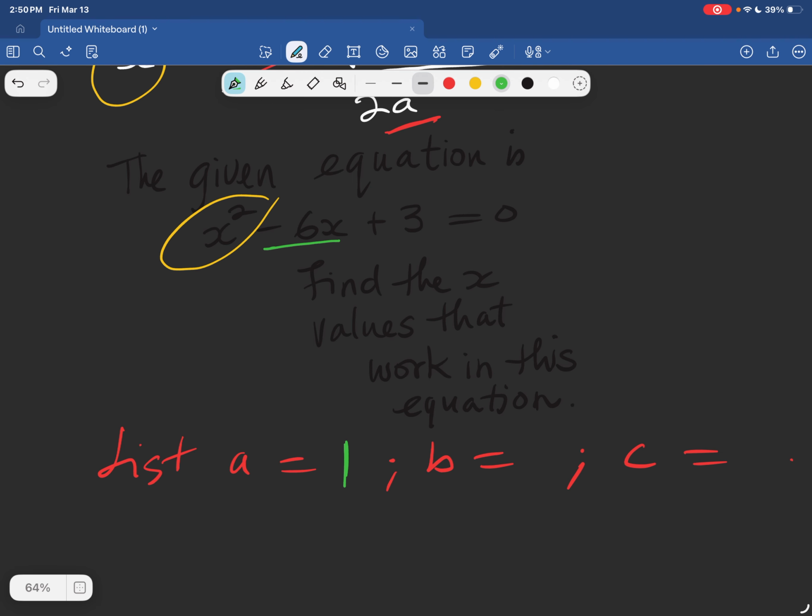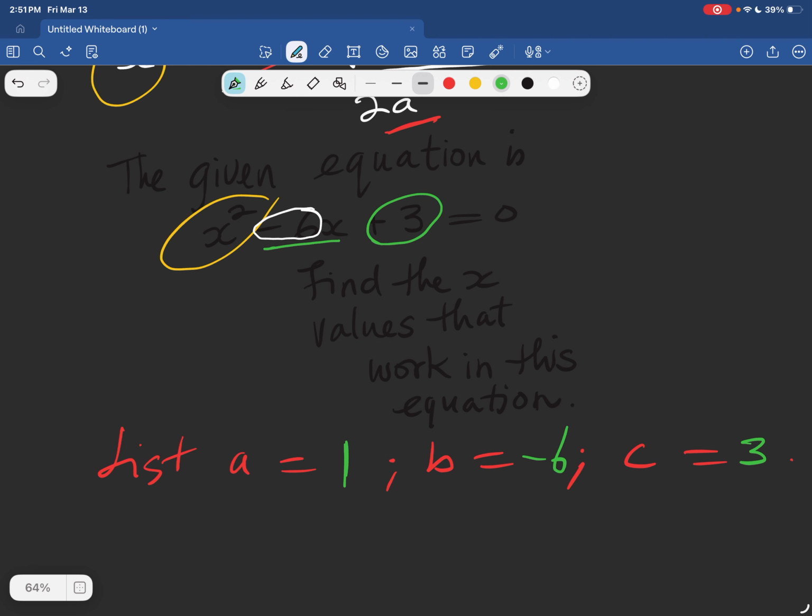X is being raised to the first power, so it's linear. The number before the linear term is negative 6. So therefore, b is negative 6. And of course, c is the constant term, which is the number by itself. This is a constant term, and so c is 3.